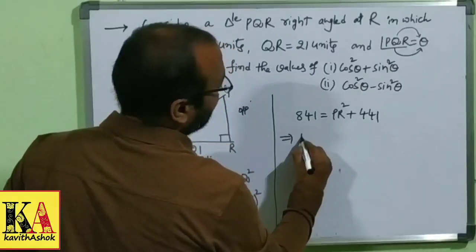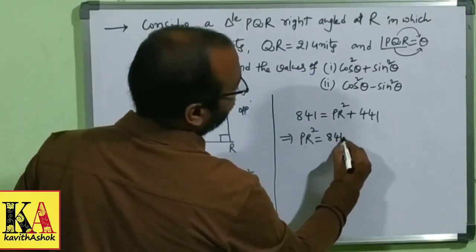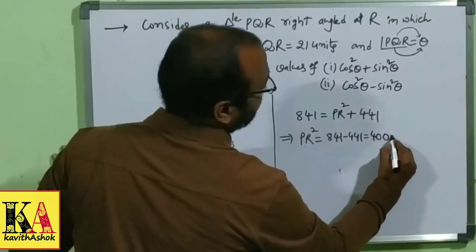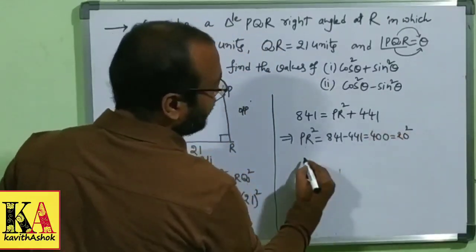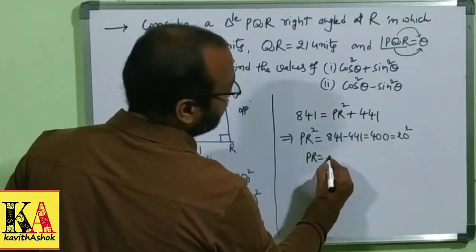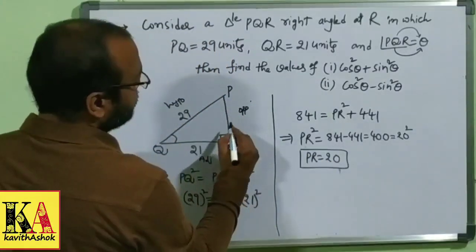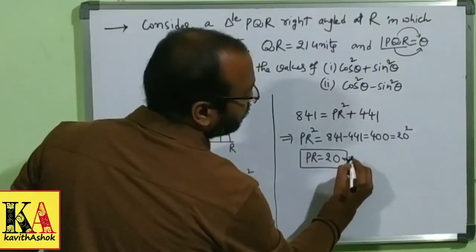Now PR square is equal to 841 minus 441, which is 400, nothing but 20 square. Since PR square is equal to 20 square, PR will become 20. Now we will take PR as 20 units.